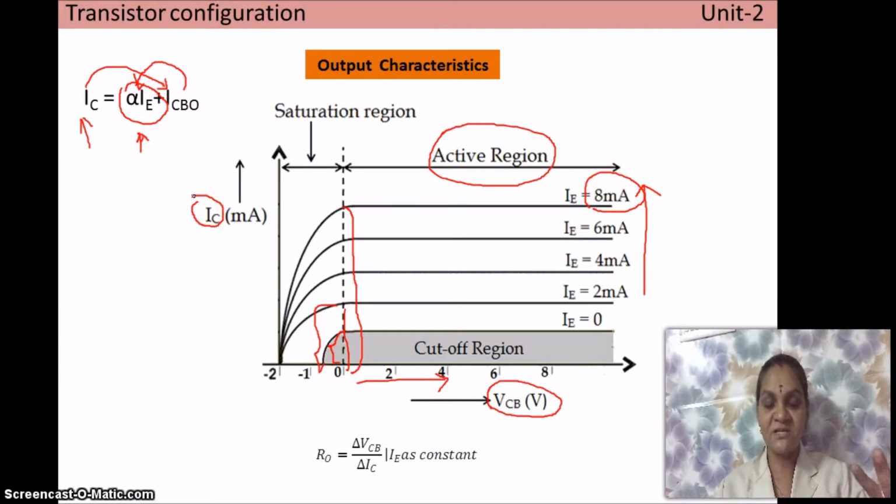So when you consider the current gain alpha, the output is not much higher compared to that of the input. So amplification is not that effective in a common base configuration. That is the reason, because alpha is always less than 1, the common base configuration is not best preferable for doing amplification.